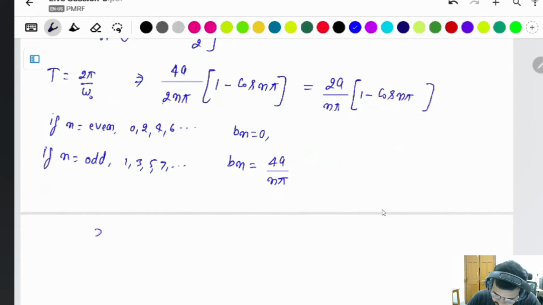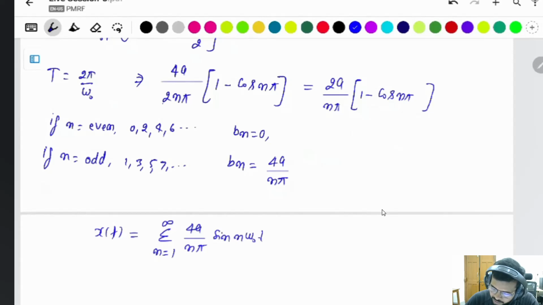It means this function will be written as a naught is 0, an will be 0, then only the bn function is remaining, 4a by n pi sine of n omega naught t, for n belonging to odd values.